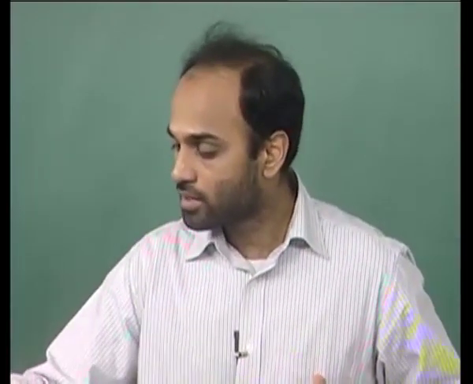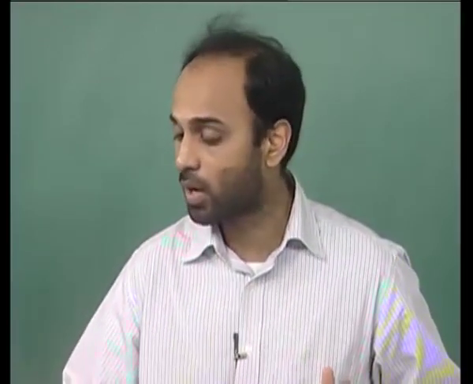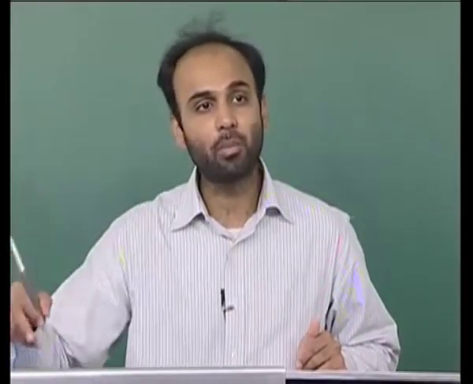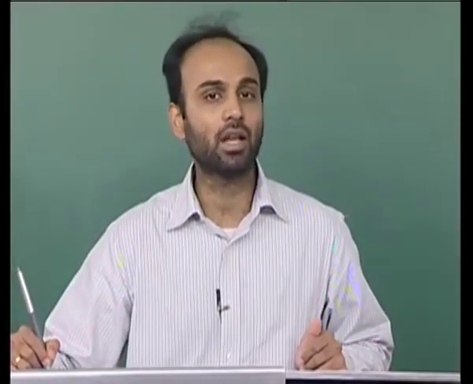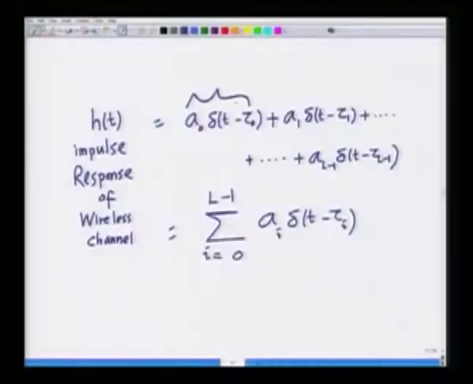Now, look at this, this summation has L components, that is i equals 0 to L minus 1. Each component arises because of one of the paths between the base station and the mobile station. Hence, each of these is known as a multipath component. Alright.